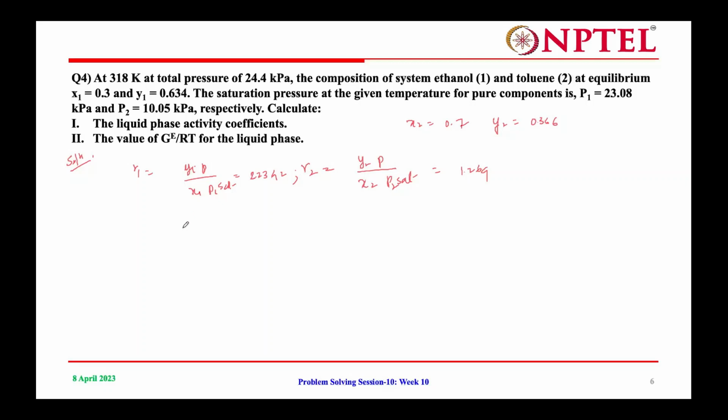G by RT is equal to the summation of x ln gamma, so for the binary solution, x1 ln gamma 1 plus x2 ln gamma 2. Put all the values and you will get G by RT, which is 0.408.